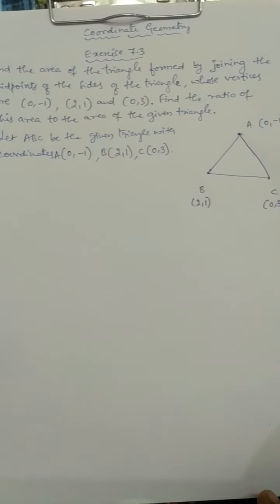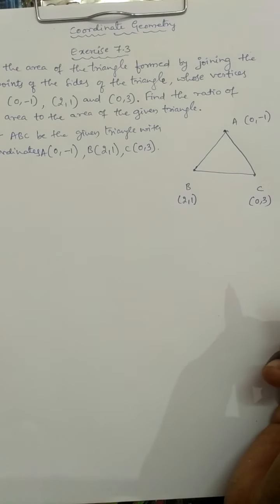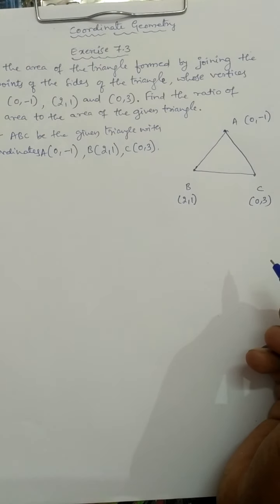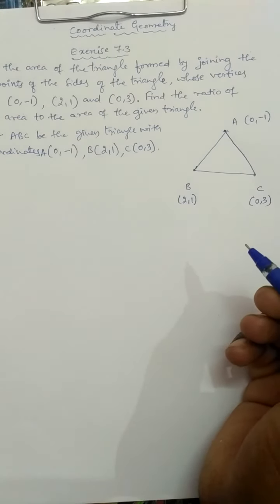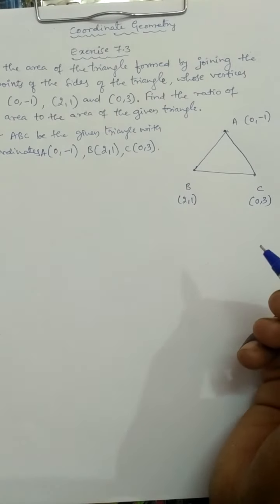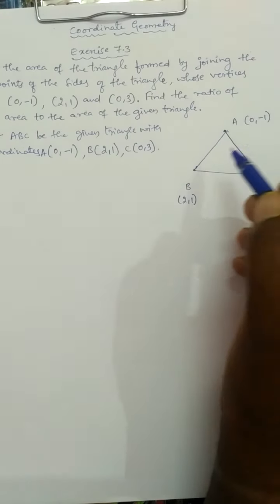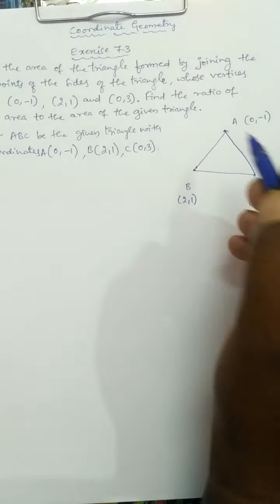Now what he is asking is to find the area of a new triangle which is formed by the midpoints of AB, BC and CA.